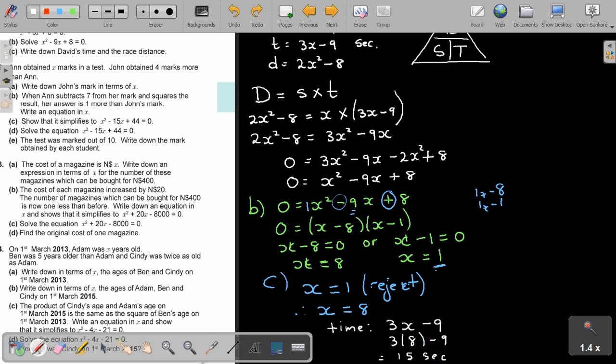And then the other one is the distance, and that's going to be 2x squared minus 8. So let's substitute 8: 2 times 8 squared minus 8. And that is going to give me an answer of 120 meters. Okay, and that's how you do it.